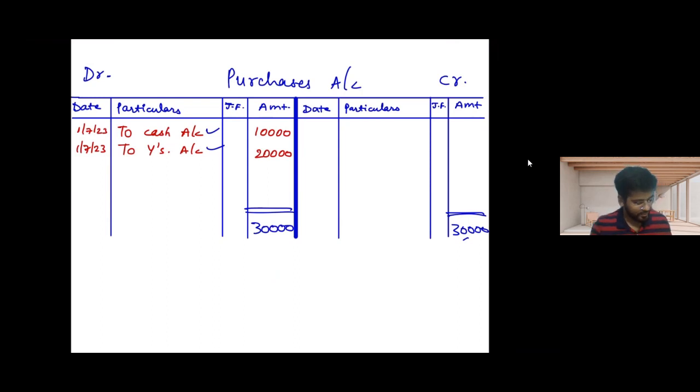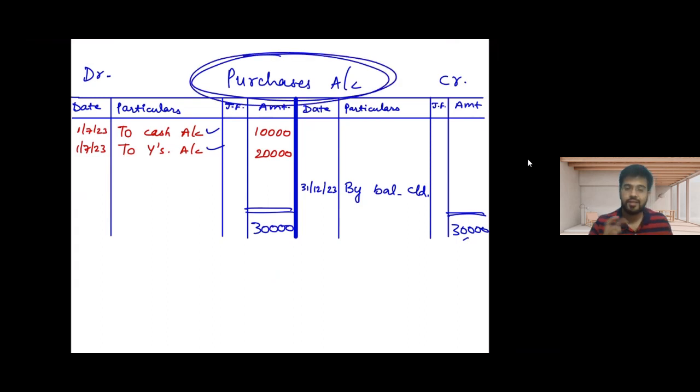So what I can do at the year end, that is 31st of December 23, I can do by balance carried down. Usually, as it is a purchase account, which means the goods purchased, that is an expense incurred, we use the trading account instead of balance carried down.